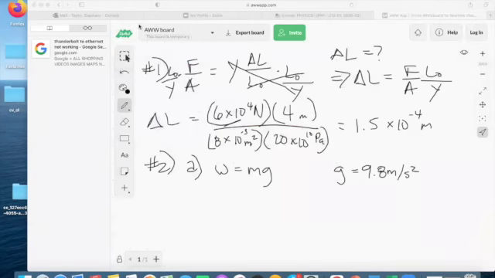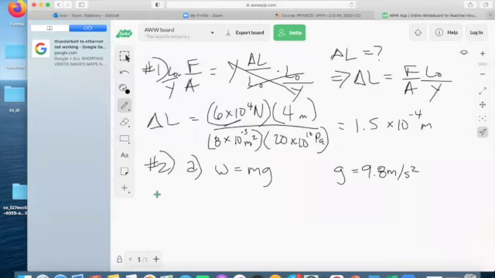So let's go to the density equation, which is rho is equal to mass divided by volume. And we're trying to solve for mass. So we're going to move volume to the other side of the equation. All right. And we'll end up with mass being equal to the volume times the density of water.